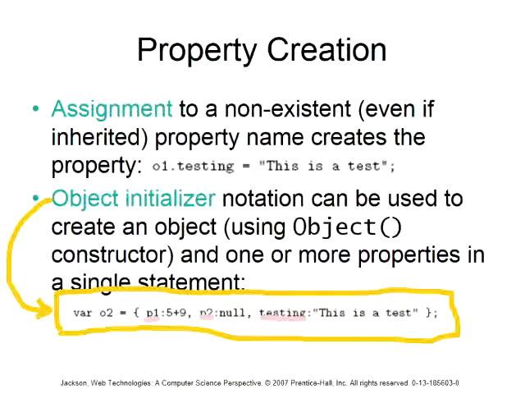So when we create an object in JavaScript, we just write var, after that the name of the object, equal, after that here the name of a property, colon, value, comma, name of a property, colon, value.